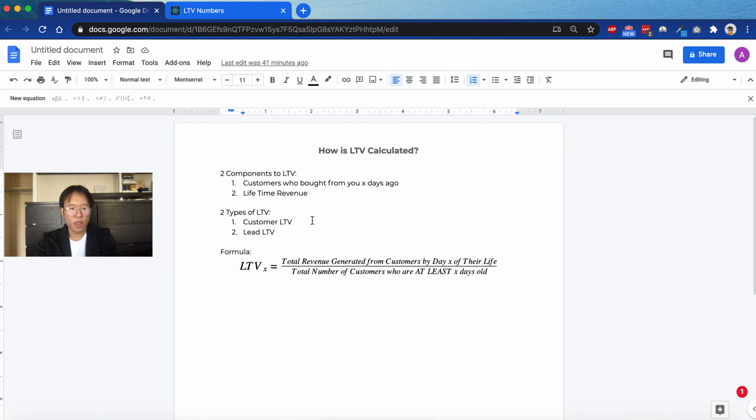Again, let's assume we're talking about customer LTV. The formula to compute LTV on day something, let's call this day X: the LTV on day X is calculated by total revenue generated from customers by day X of their life, which is the lifetime revenue on day X, divided by the total number of customers who are at least X days old.